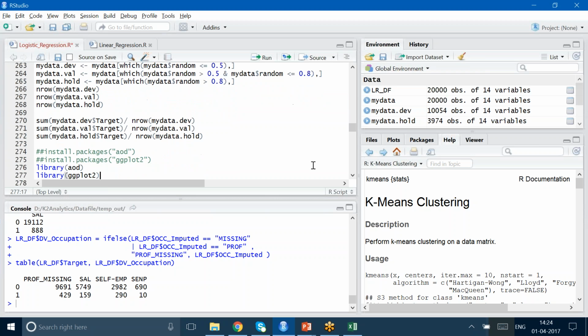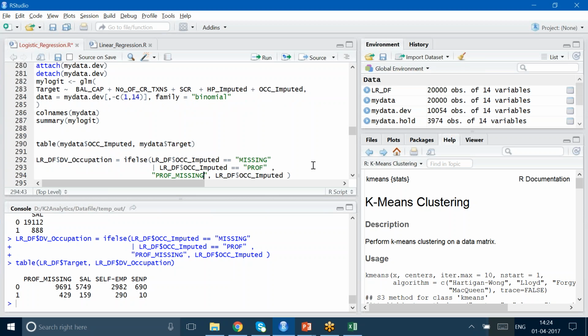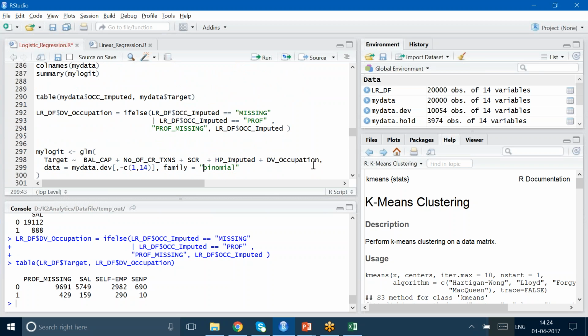So again, these numbers which I got in the table, this cross tab, should be with the dev sample, because when you are working with a development sample, all statistics you have to constantly derive based on the dev sample, not on the original sample. So this is my mistake.